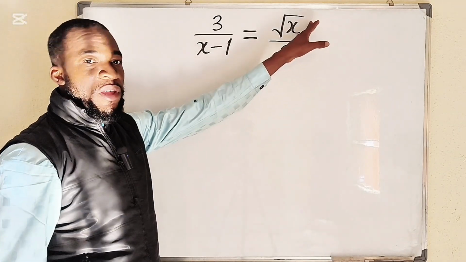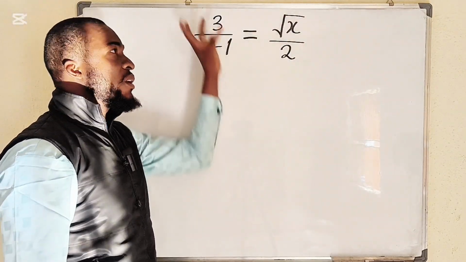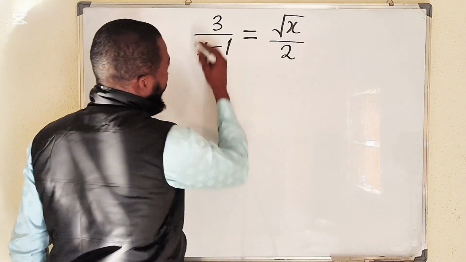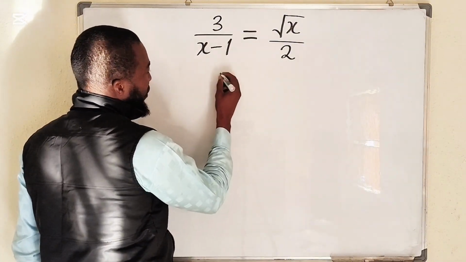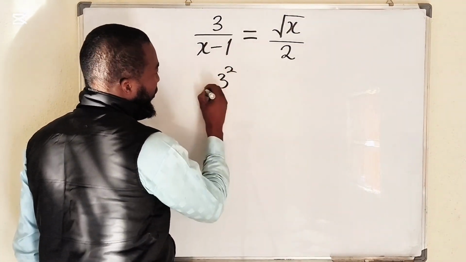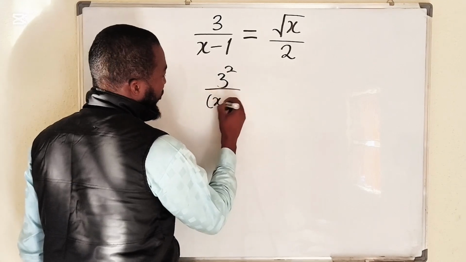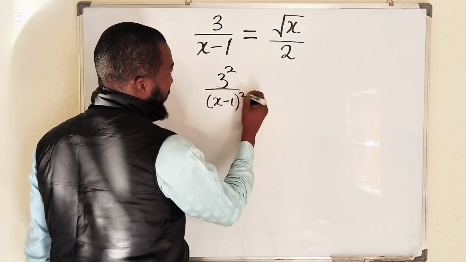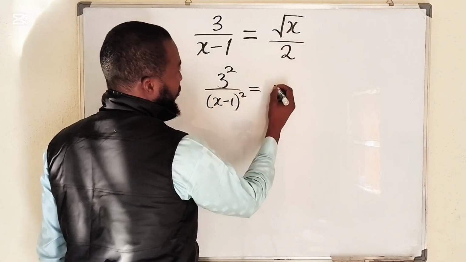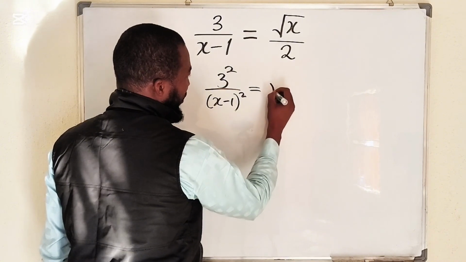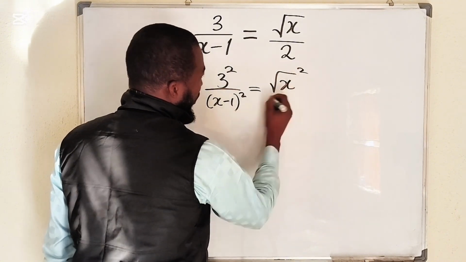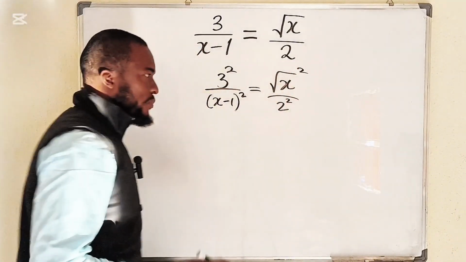Since we have a square root here, to undo the square root, we can square both sides. If you square the left hand side, it will be 3 squared divided by x minus 1 also squared, equal to the square root of x squared divided by 2 squared.